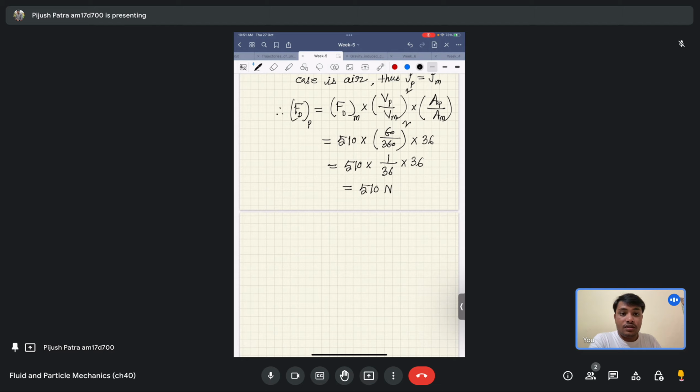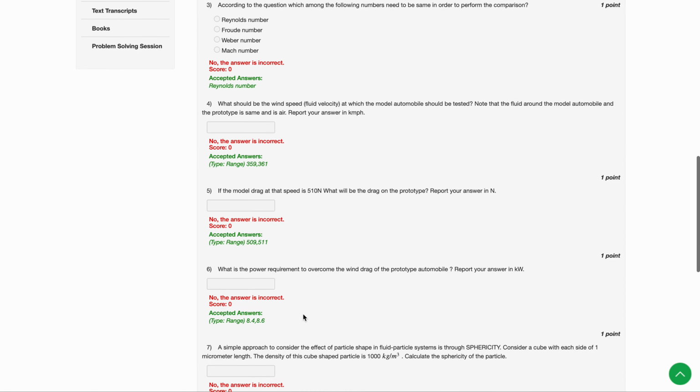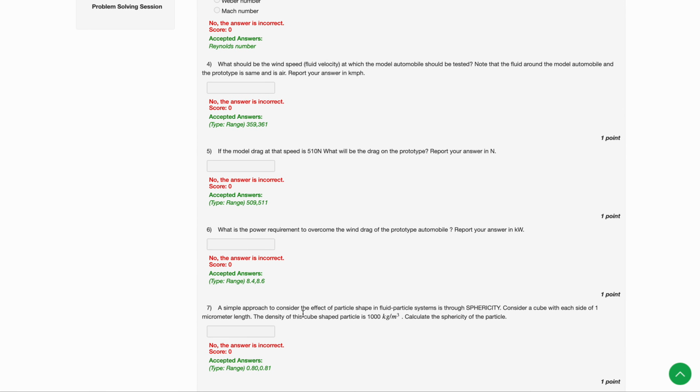What is the next question they asked? They are asking what is the power requirement to overcome the wind drag of the prototype automobile. Okay, so this is question number 6.